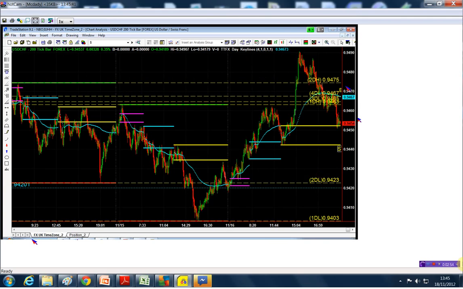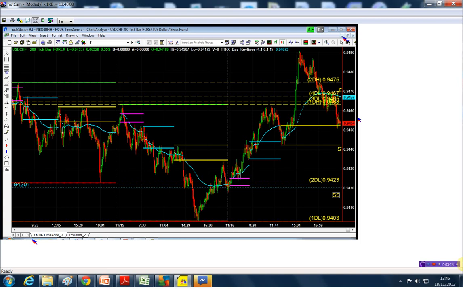And on the short side, this here is my structural point. So I will go short below the structural point. So I'm shorting it below the 94.20 short point.